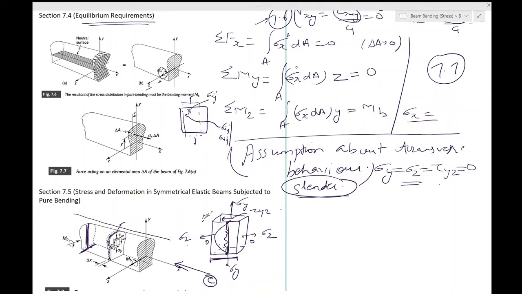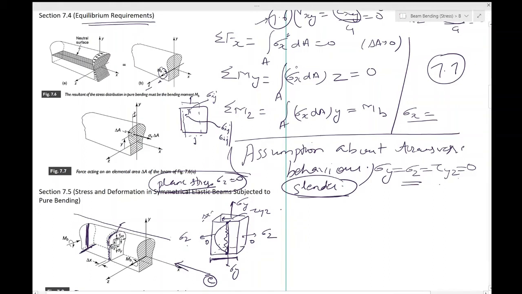This is also the same argument through which in plane stress you take sigma z equal to 0: in the out of plane direction the stress is 0 on the surface, and since the thickness of the specimen is so small, it is assumed that sigma z is 0 throughout the bulk as well. That is the argument through which we are able to write like this, and this is the assumption we are talking about.